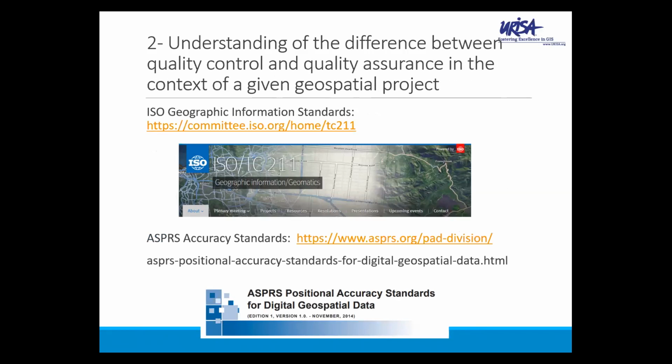The ISO Geographic Information Standards page by the committee at iso.org provides a list and some guidelines for specifying geospatial products in terms of things like attributes and the types of fields for each different type of attribute. And the ASPRS, the American Society for Photogrammetry and Remote Sensing, is heavily involved in spatial accuracy standards.